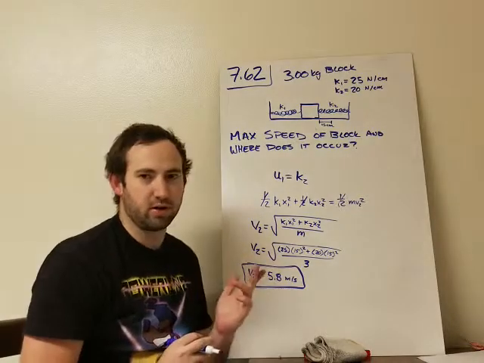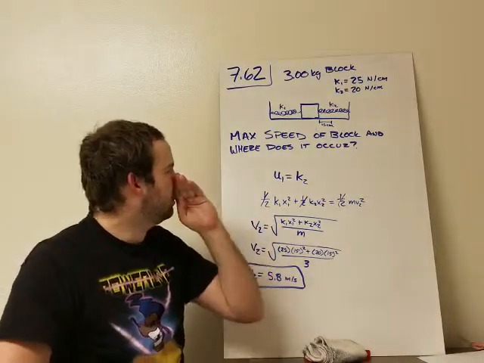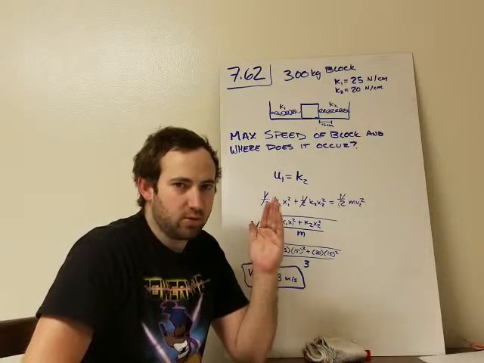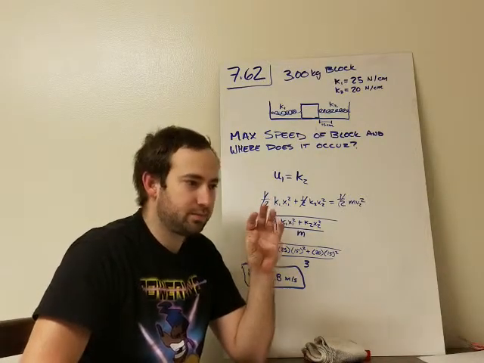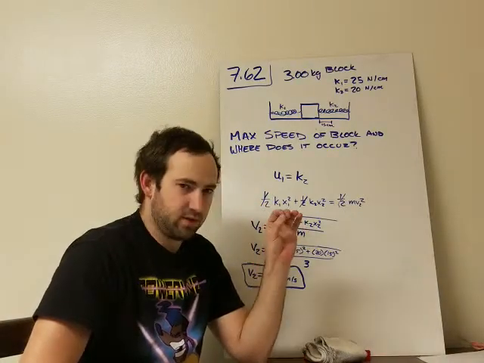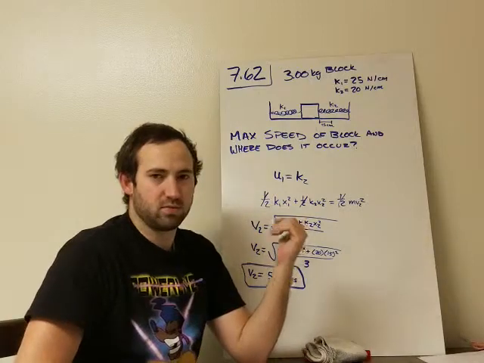But then the second part of part A wants to know when this speed occurs. So in a system, your max speed is always going to be at the equilibrium point, because anywhere that's not equilibrium, there's going to be some sort of force pushing back on it.